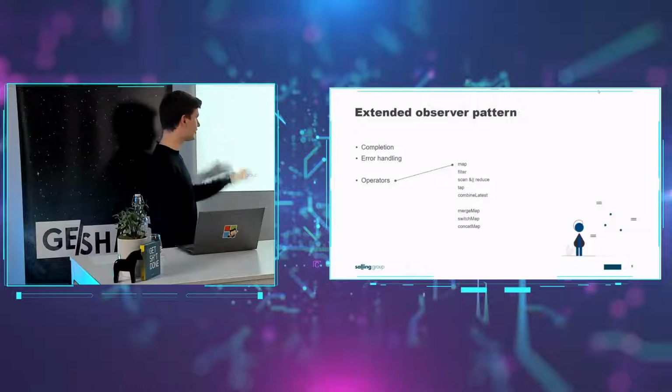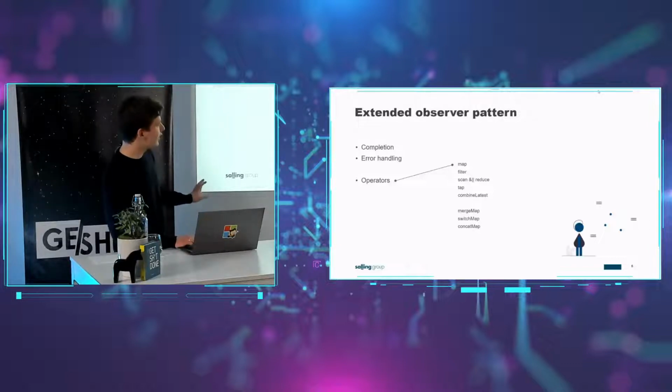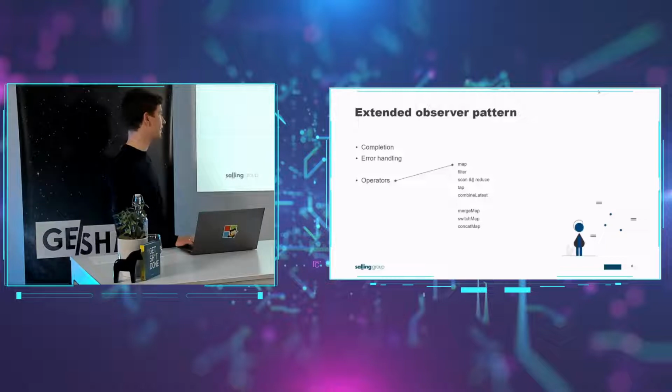So I also have some other operators here on the slide. The reason I have them here is just to showcase the ones I use the most. I'm not actually going to go into exactly what they do, but these are 8 operators. There are more than 90 operators in RxJS, and that's what gives it a super steep learning curve.